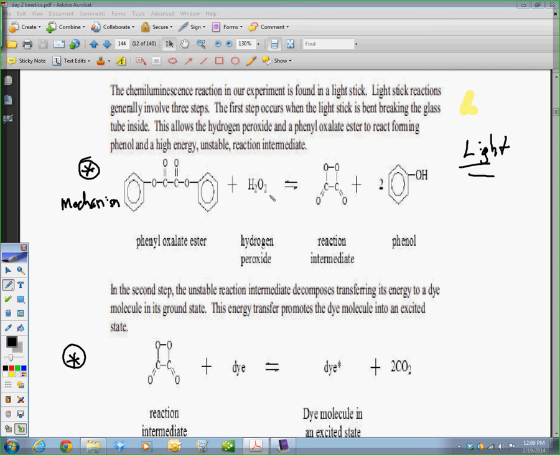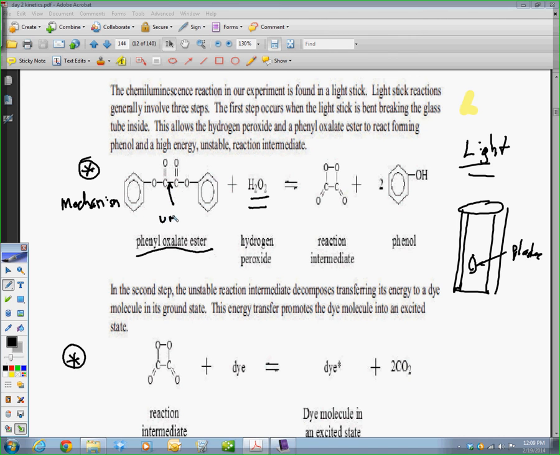The first step that has to occur is that there's hydrogen peroxide inside the stick. So in the light stick there are two compartments. The liquid that's on the outside of the light stick, and then there's a small capsule, a plastic capsule, inside the light stick. And in one component you have your very complicated organic molecule that has this bond right here that's very unstable.